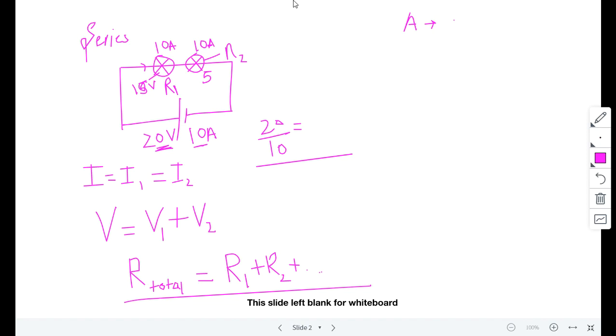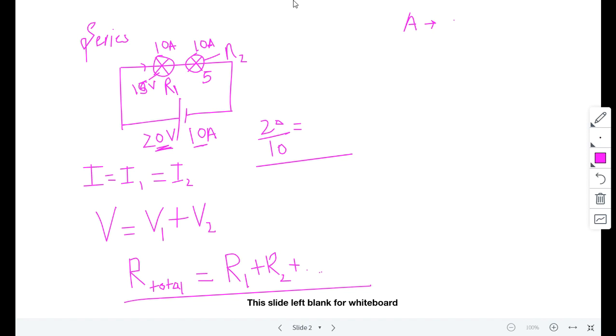Yes, but if it's not given, and it gives me the total voltage and the total current, so if it's 20 and 10, but it tells me to figure out the total resistance of the circuit, then should I find R1, R2, R3, the individual ones?